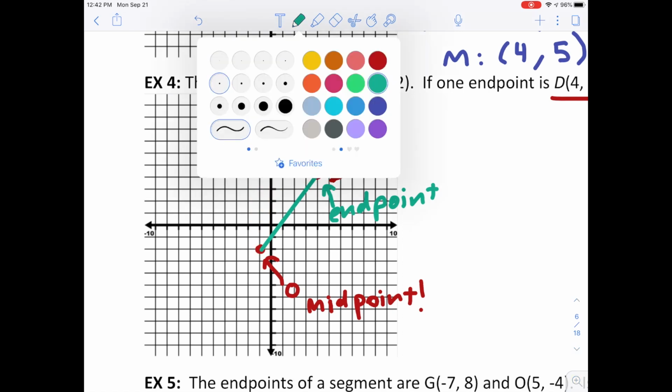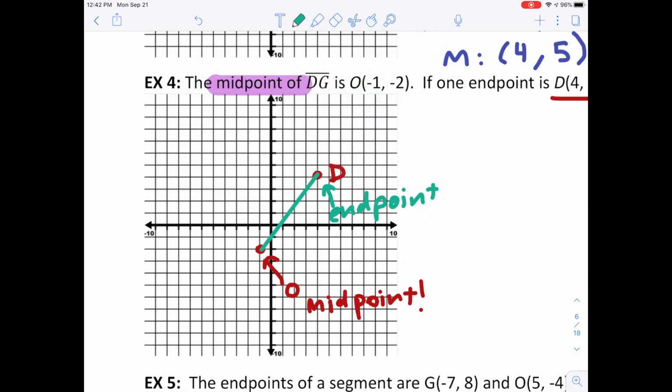So if we do the opposite of that, if we go down 7, left 5, that should be the point that I want, right? Because it now made O the midpoint.